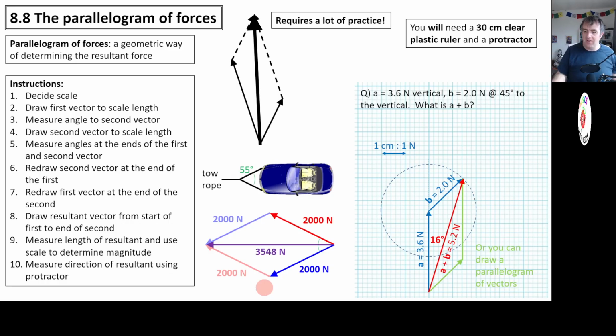I know the angles in a parallelogram add up to 360 degrees. I know that if this is 55 degrees here, then there's 55 degrees here, and 55 add 55 is 110. I know that 360 subtract 110 is 250, and so these two angles added together must make 250, so each must be 125. Hopefully I've got my maths right there, because arithmetic is not my strong point.